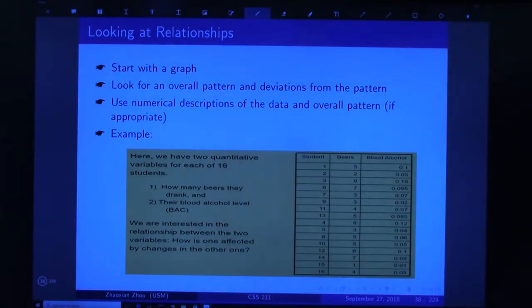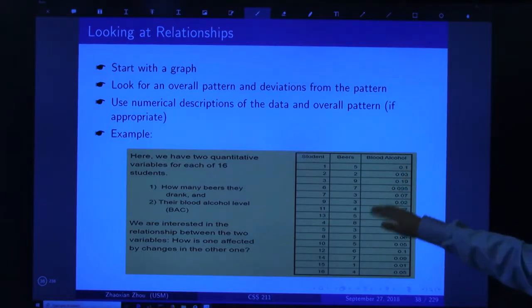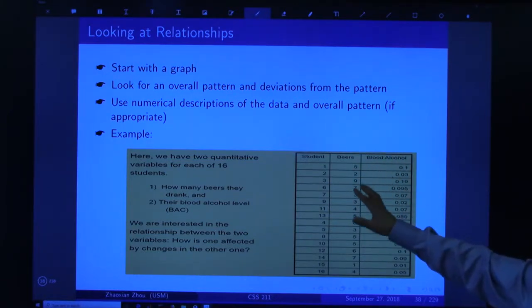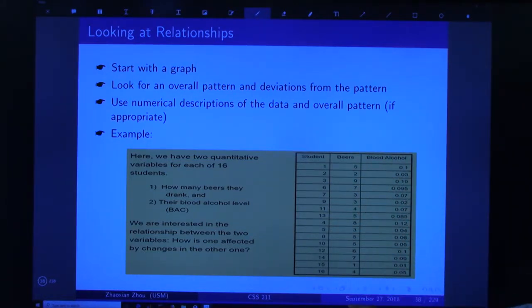If we are presented with a pair of data, and we're looking for a relationship between them, we can follow some steps. The first one is we start with a graph. If we are given a set of data, like here, we can draw it with a graph. The graphs we discussed before include, for example, bar graph, histogram, stem plot, time plot. All those are for a single variable.